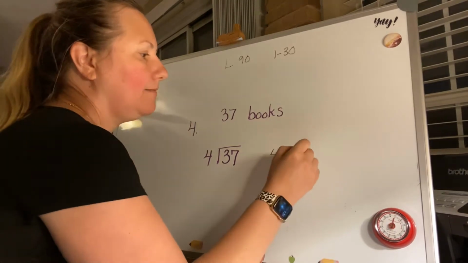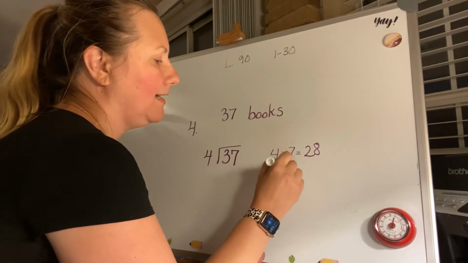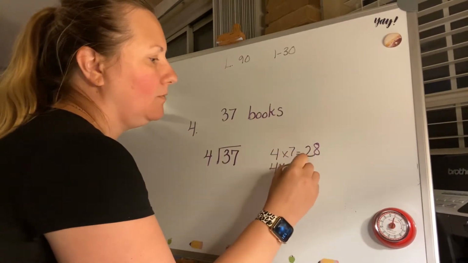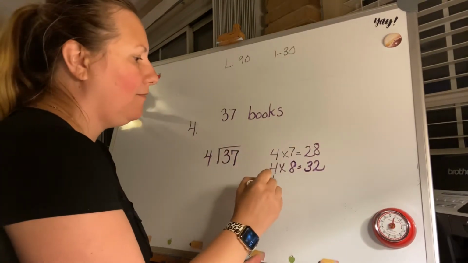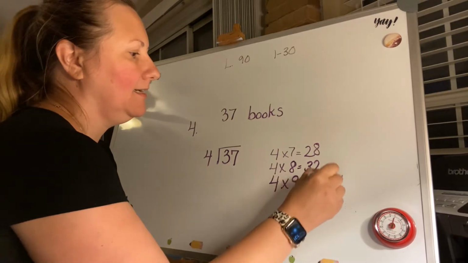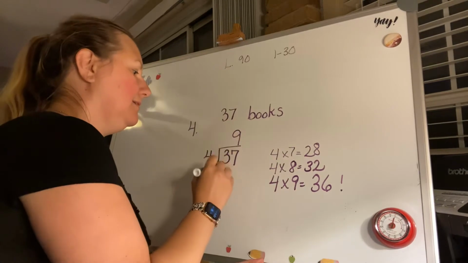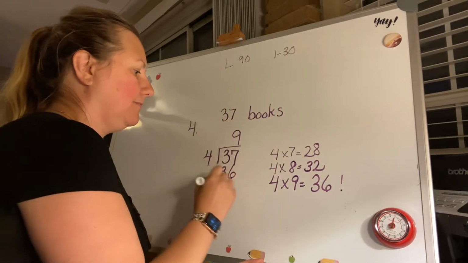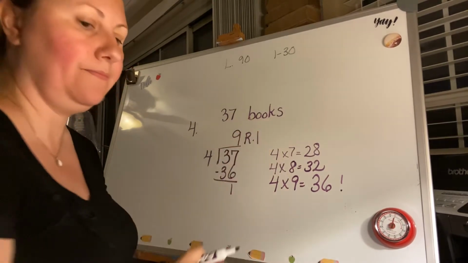Could we use that? That's 28. What about 4 times 8? Well, that's 32, right? What about 4 times 9? That's 36. This one looks like it'll work. So 4 times 9 is 36, and we have a remainder of 1.